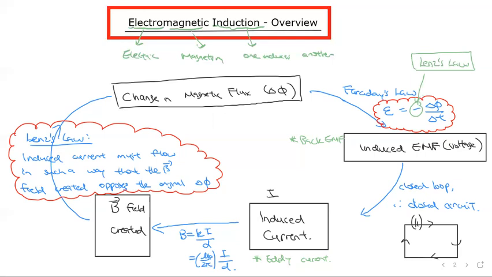And a lot of the time, students get confused about what's what and how they relate to each other. So this should give you a good idea of where things fit, so that when we're talking about particular aspects, you know where it is in the general picture. And that should help you a lot with this particular topic. If you know how electromagnetic induction works, then you should be fine with the topic and you can apply it generally. And that's how you do it.